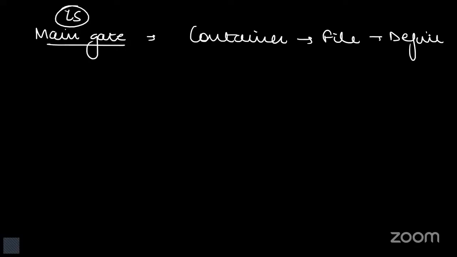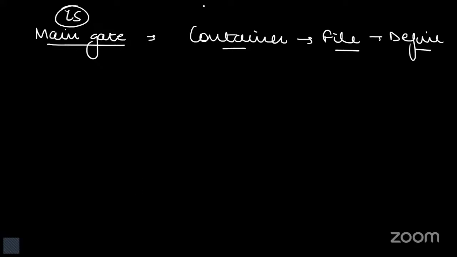The file will have some properties. If it's a CSV, you have to give properties like that it's a delimited text file, and comma is the delimiter here. All those things. The definition of a file you need to give. So the linked service takes me to the main gate. Apart from the linked service, defining the container, the file, and defining the file.